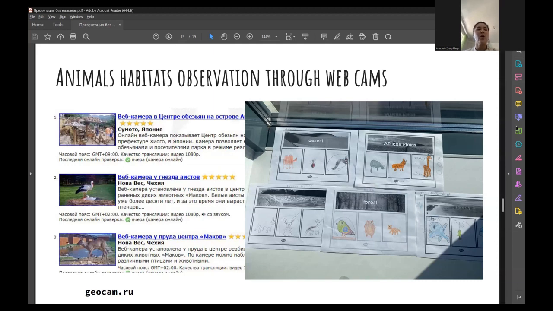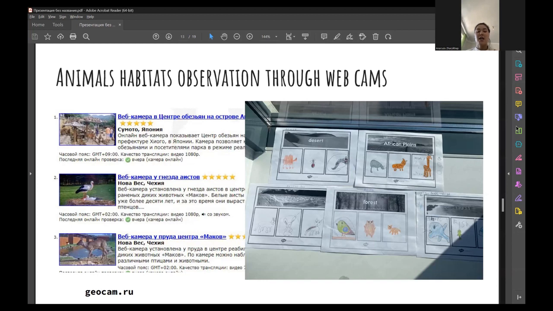And they were so excited to watch. Yes, National Geographic is also a very good resource. Last year I used it, but this time I wanted them to be in real-life zoo parks, to have them more engaged in the lesson.